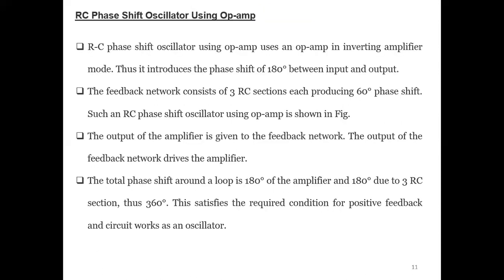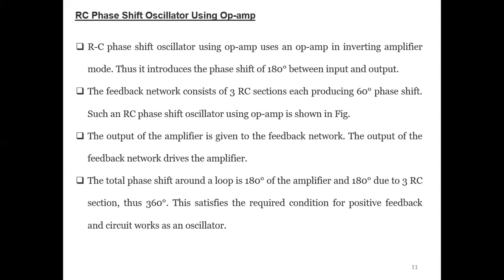The RC phase shift oscillator using an op-amp uses the op-amp as an inverting amplifier, so it introduces a phase shift of 180 degrees between input and output. The feedback network consists of 3 RC sections, each producing a 60-degree phase shift. The output of the amplifier is given to the feedback network, and the output of the feedback network drives the amplifier.